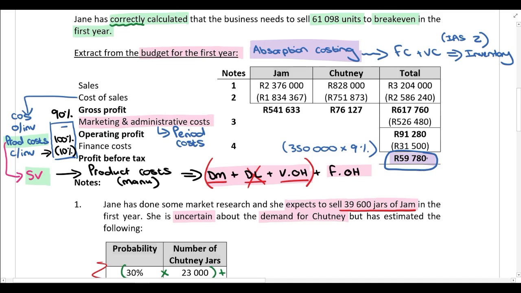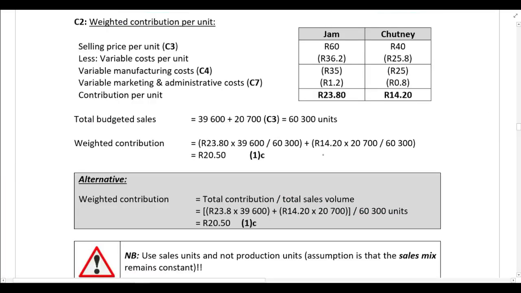59,780. We also know that the break-even point is 61,098 units. And if you go back to part A1, all of the calculations in part A1, we calculated the total budgeted sales. Total budgeted sales are 60,300 units. So make sense of the required.